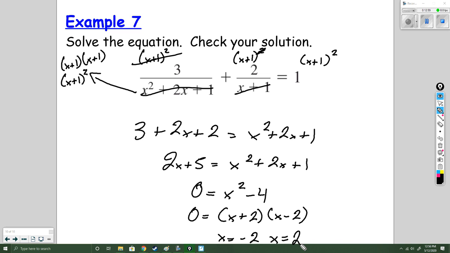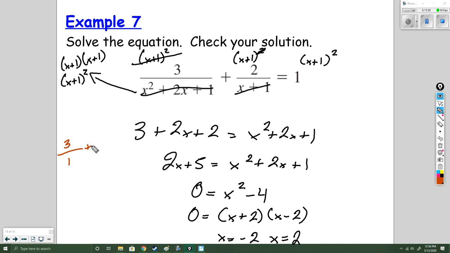I know this might be tiresome, but it's necessary to see if both of these are actually solutions in this equation. So if we plug in, let's say, negative 2, and I'll use this red for negative 2. If we plug negative 2 in here, that would give us, let's see, negative 2 squared would be 4. 4 plus negative 4 would cancel out, so that's just 3 over 1.